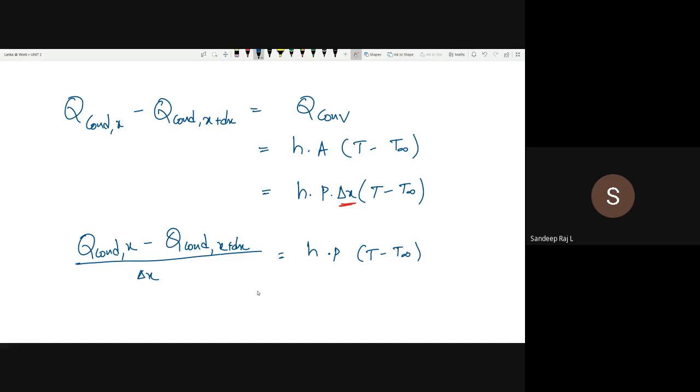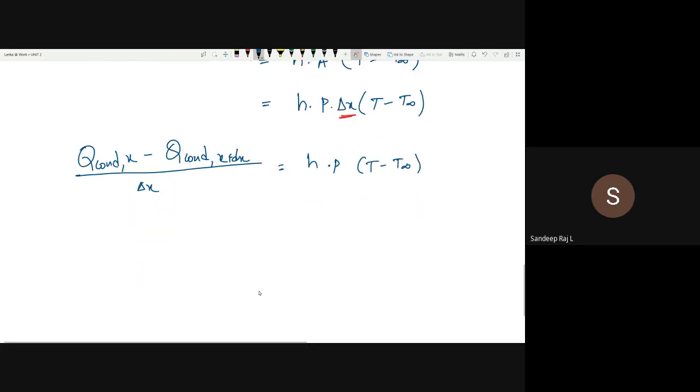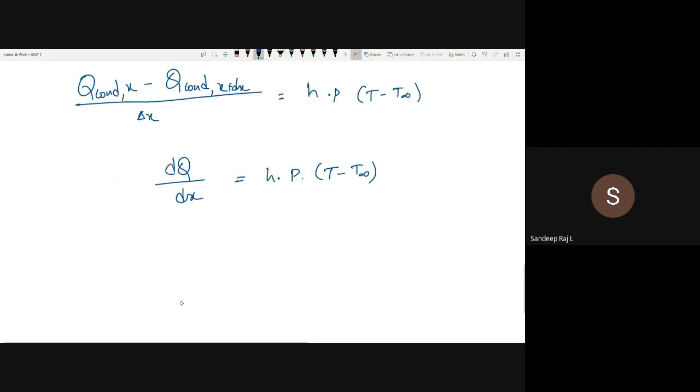So that is Q on the numerator and delta x on the denominator. What I got essentially is nothing but dq by dx, simply put. The derivative of q with respect to x I got on the left hand side. To get this differential only, I have transformed it this way.